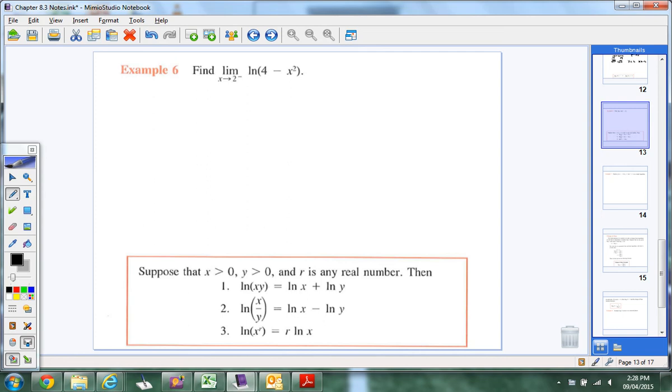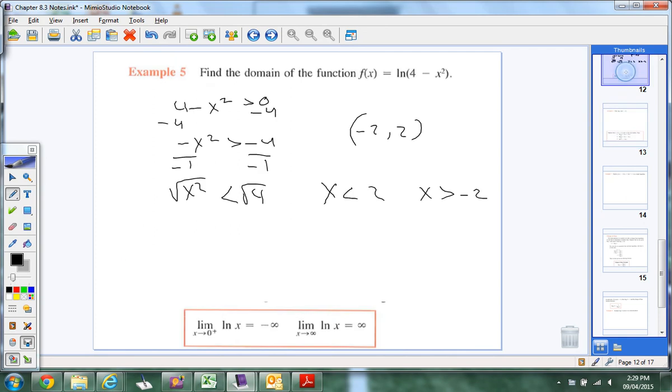So with this, because on our definition for that last page, if we do ln of x, we want to look at it in these terms, rather than the 4 minus x squared.